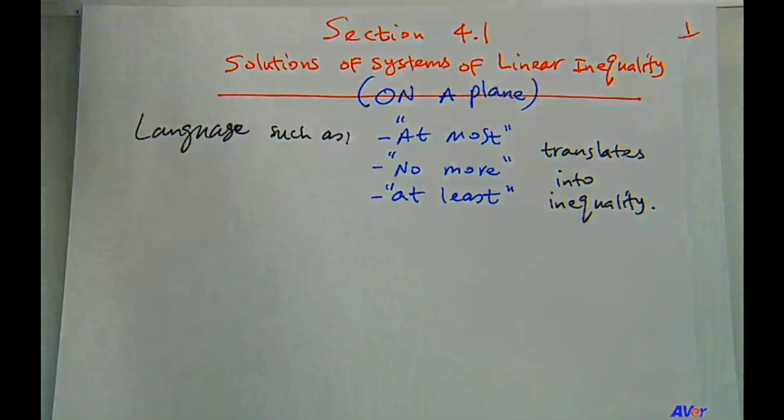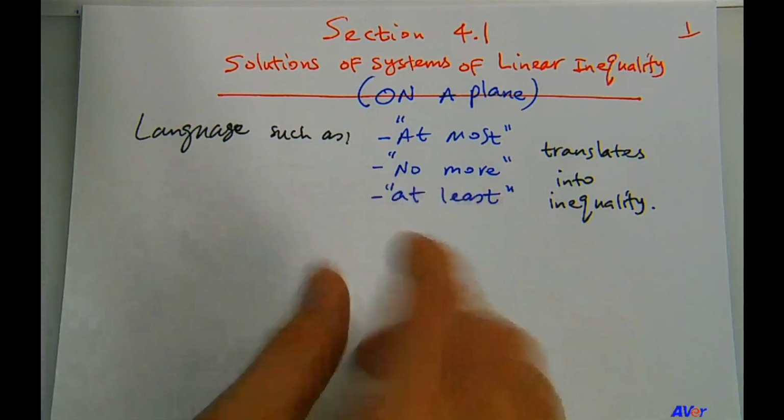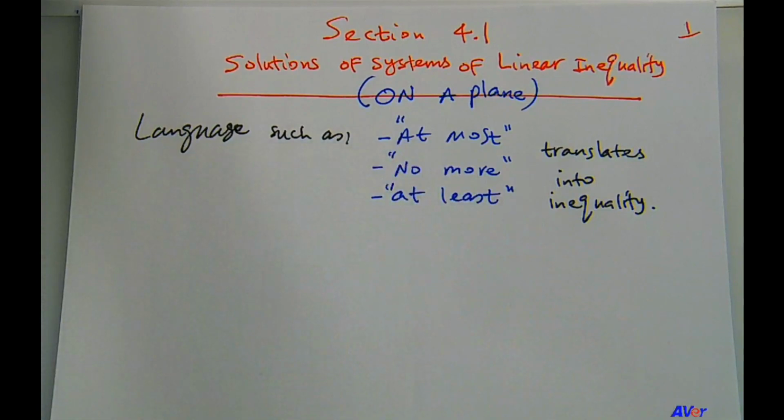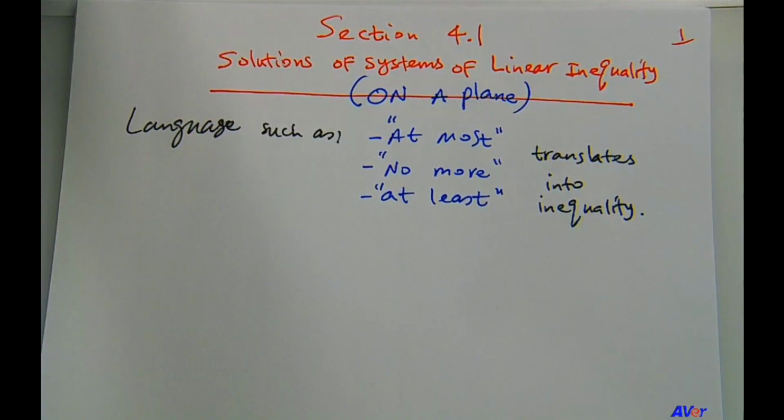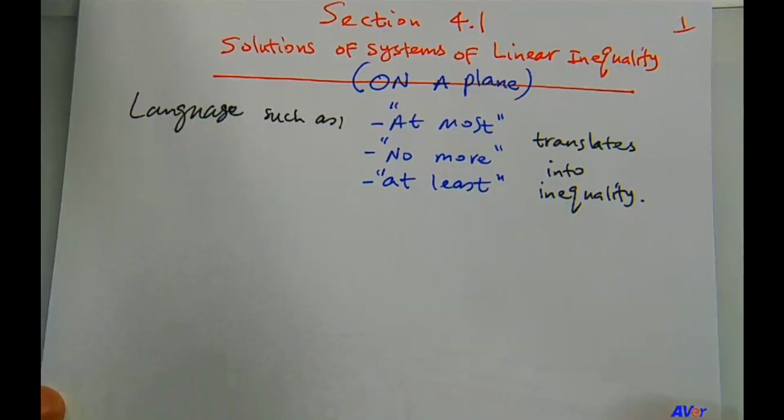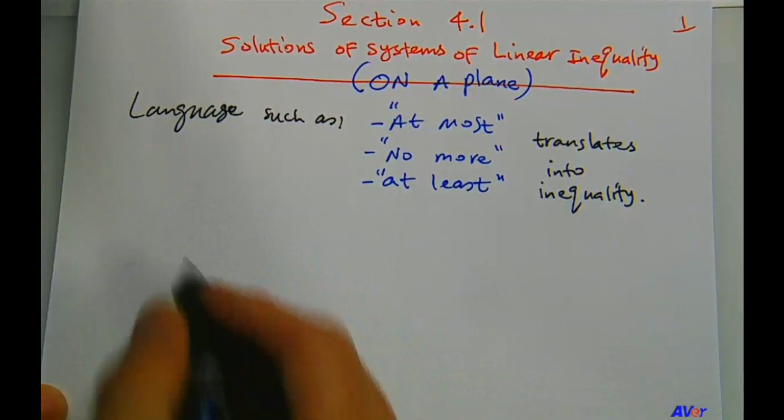We've been talking about translating things from plain English into symbolic mathematical form, and these types of phrases are clues that we're going to create inequalities. Okay, so let's begin, as usual, with simple examples and then build up on that.